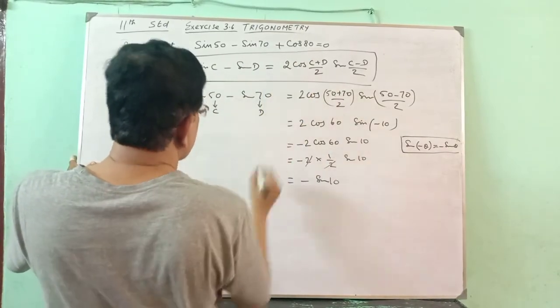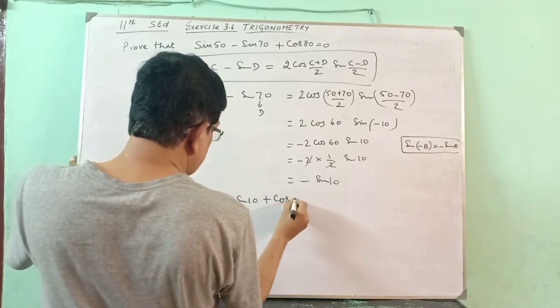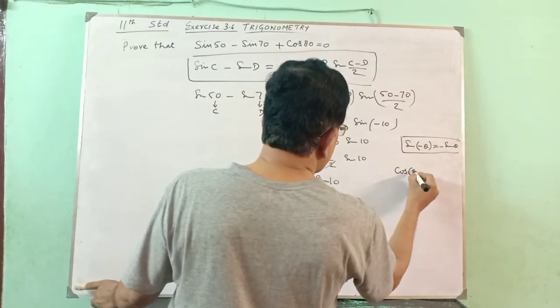Minus sin 10 plus cos 80. Cos (90 minus theta) is equal to sin theta.